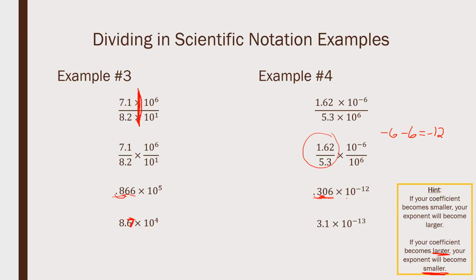Because remember, that's smaller than negative 12. Even though the number 13 is larger than 12, when we're talking about negatives, that means it's smaller. And as you can see, we just rounded up here. Once we move that decimal over to become 3.06, we just changed it to 3.1 to round it up.